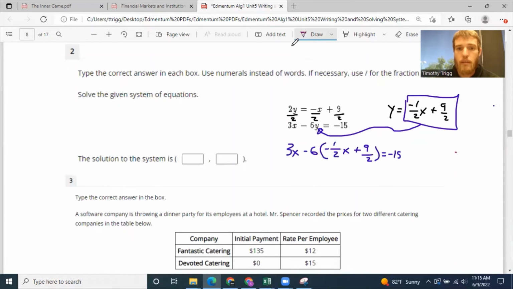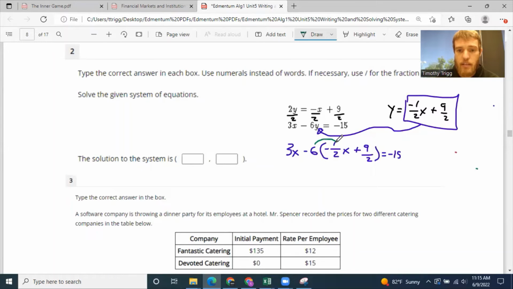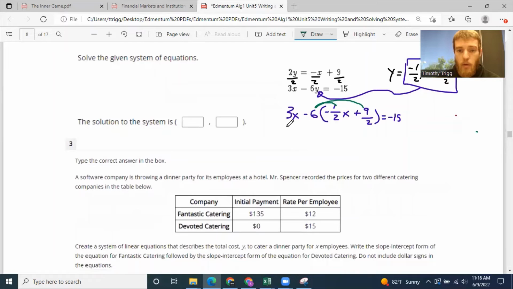Well, hopefully you can see that I can distribute this -6 into this parentheses. Well, the 3x doesn't change, but when I multiply this -6 times -1/2, that's going to be a positive now because negative times negative. But remember, to multiply a whole number times a fraction, you multiply times the top, then divide by the bottom. So 6 times 1 is 6, then divided by 2, which is 3. So that's going to be 3x.